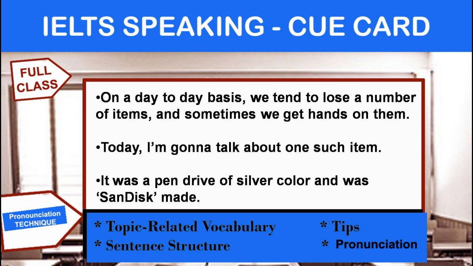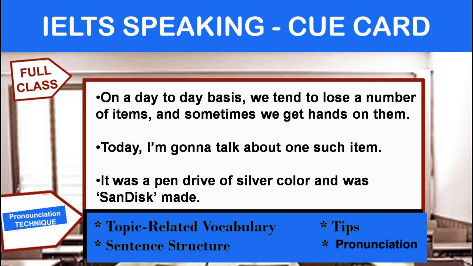We tend to lose a number of items, like it is not uncommon that we lose a number of items, and sometimes we get hands on them. Get hands on them means that we find them. So we have said in the first line, on a day-to-day basis we tend to lose a number of items and sometimes we get hands on them.